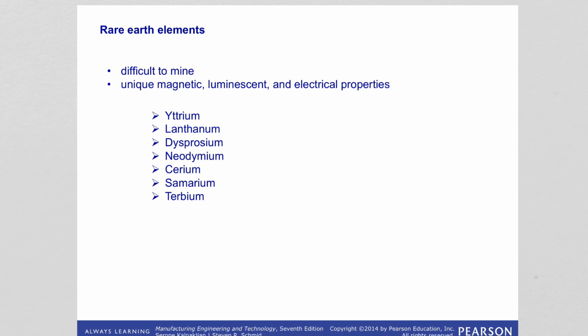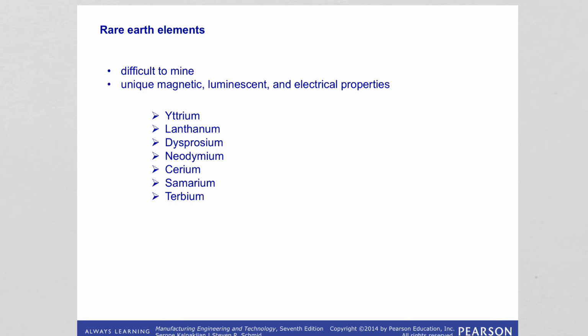So it is used in batteries mainly. Then praseodymium, that one is used in lasers, lighting, and in devices where you measure the radiation exposure.